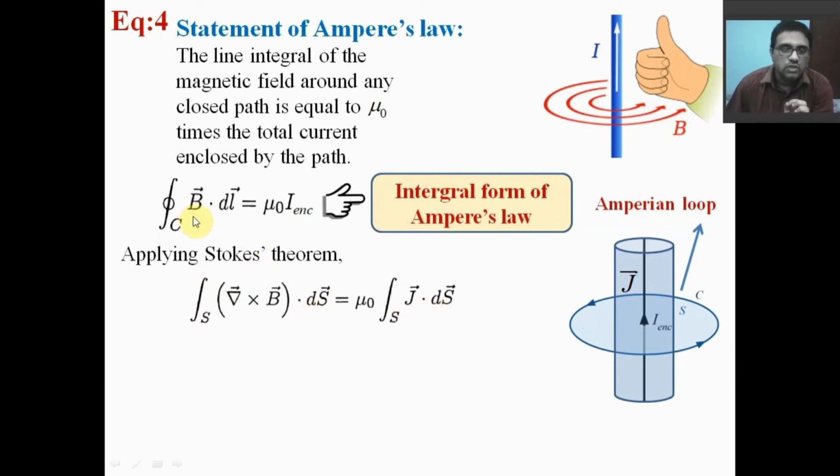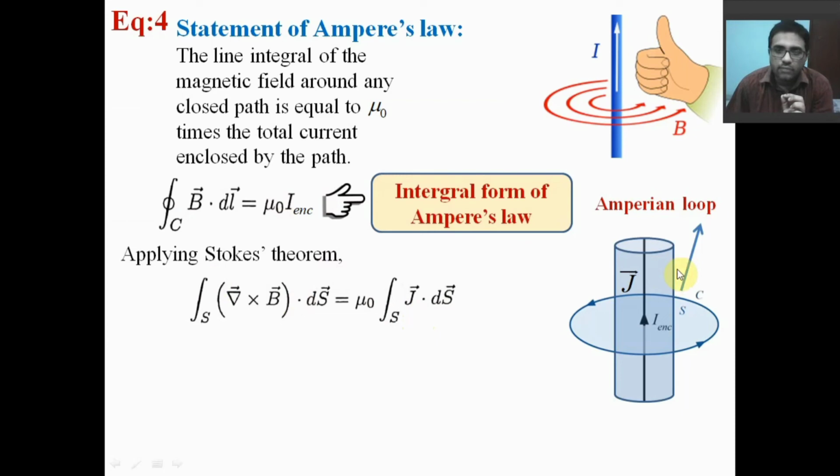Here we are using the Stokes theorem. The closed line integral of B dot dl we can write as the open surface integral of curl B dot ds, and this I enclosed is actually the surface integral of J dot ds. J is the volume current density.